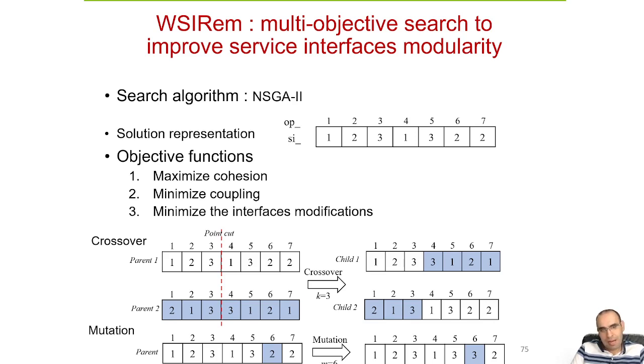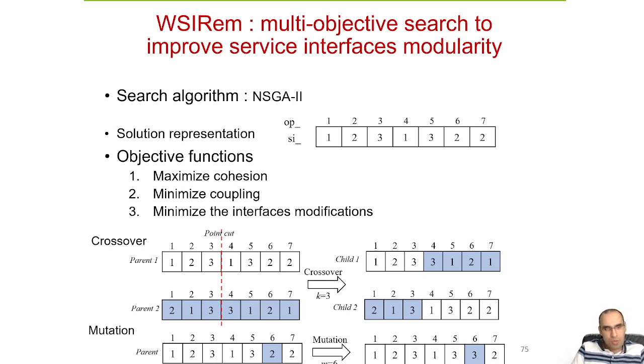So the last objective is to control our modifications, as we do not want to deviate a lot from the original design. We want to keep as much as possible of the original design while improving cohesion and coupling.